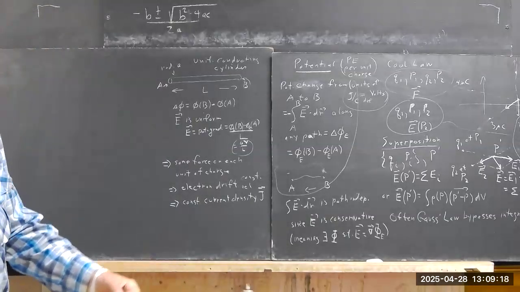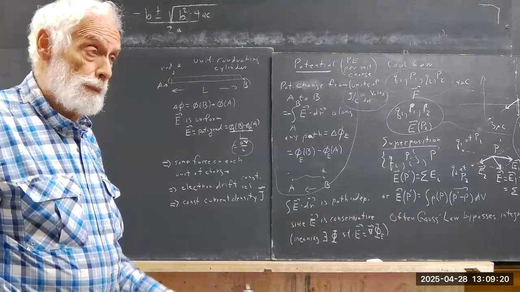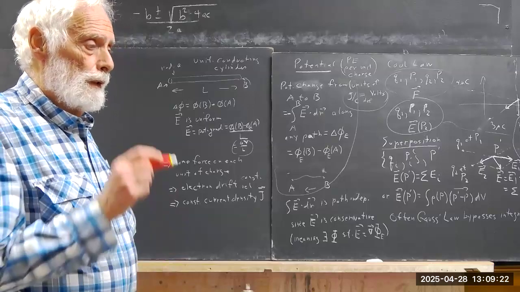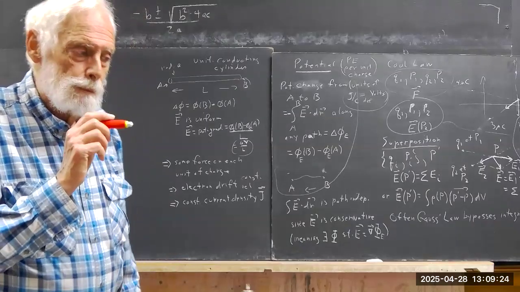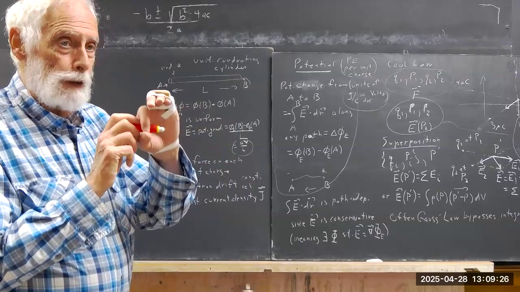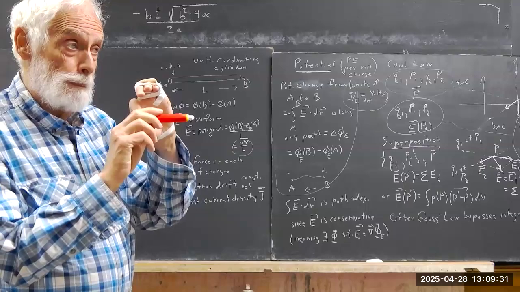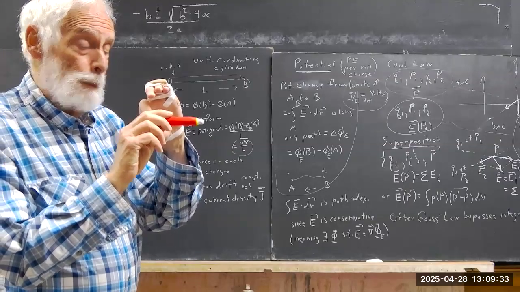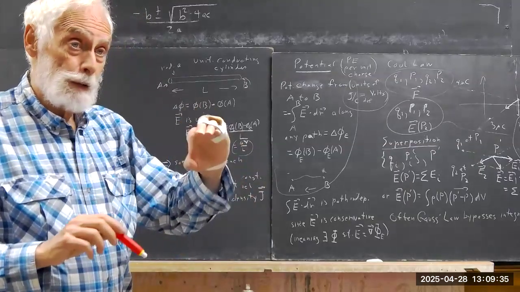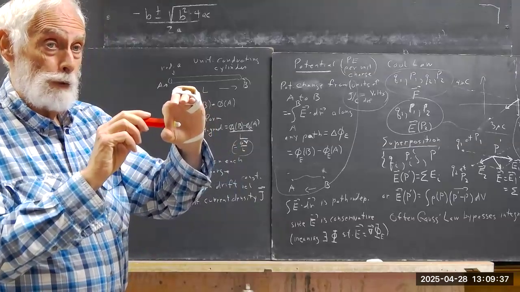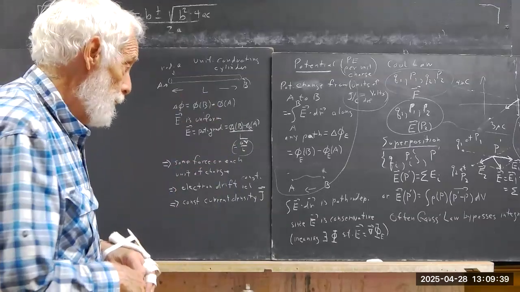It means that at any point you take a tiny bit of area in the direction of your vector J and multiply the magnitude of J by that area. That tells you how much current is flowing through there.